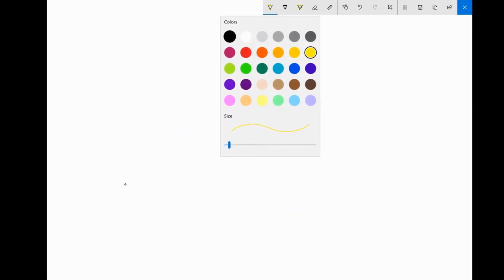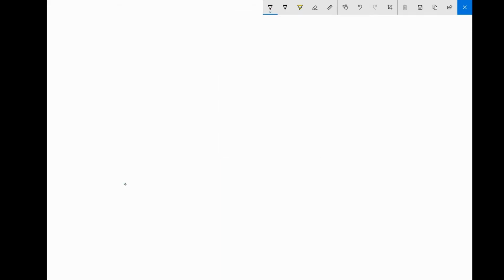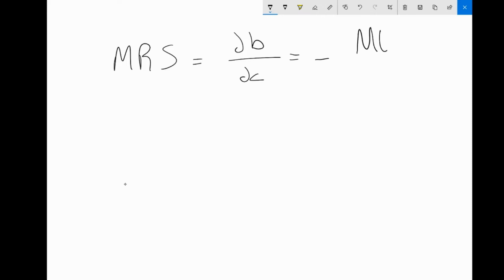Okay, let's erase it and throw this up here again. The marginal rate of substitution equals the derivative of b with respect to c, which is equal to the negative marginal utility of coffee divided by the marginal utility of bagels. All right, so there's my marginal rate of substitution.